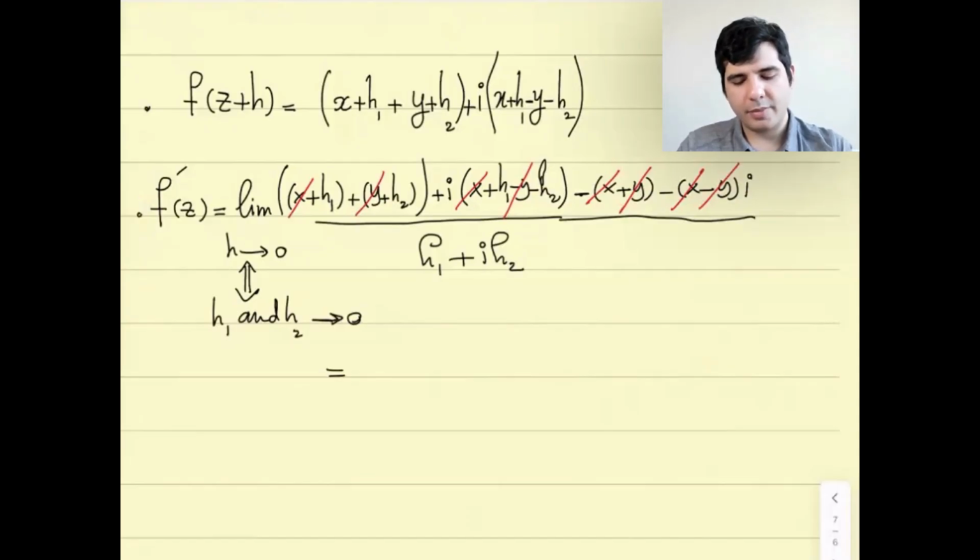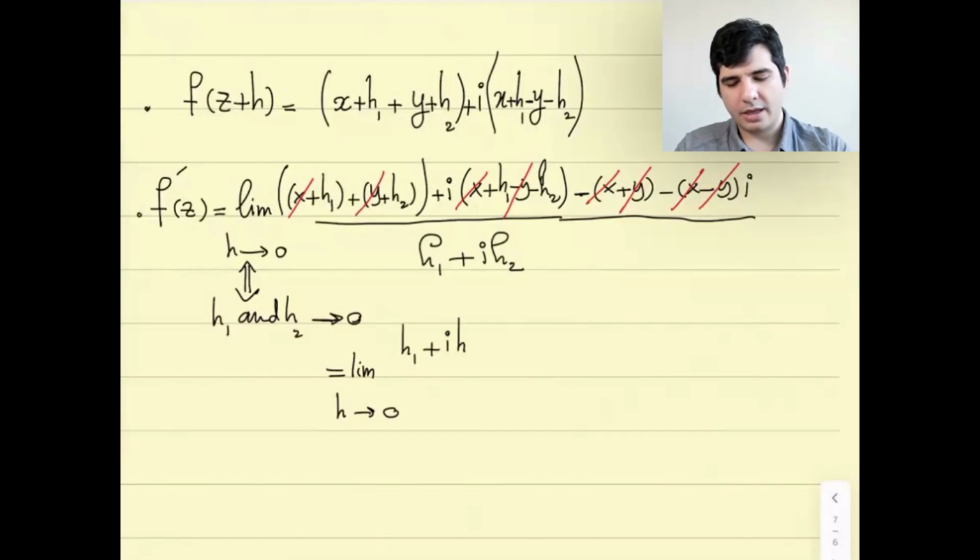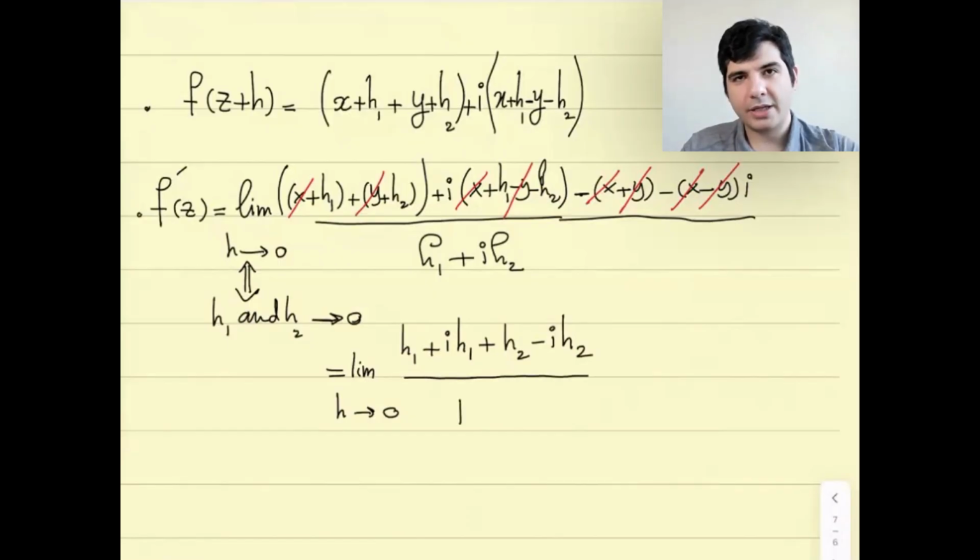So this is the remaining part. So we have the limit h goes to 0, h1 plus i h1 plus h2 minus i h2. That's what remains from the numerator. In the denominator, we have h1 plus i h2, right?